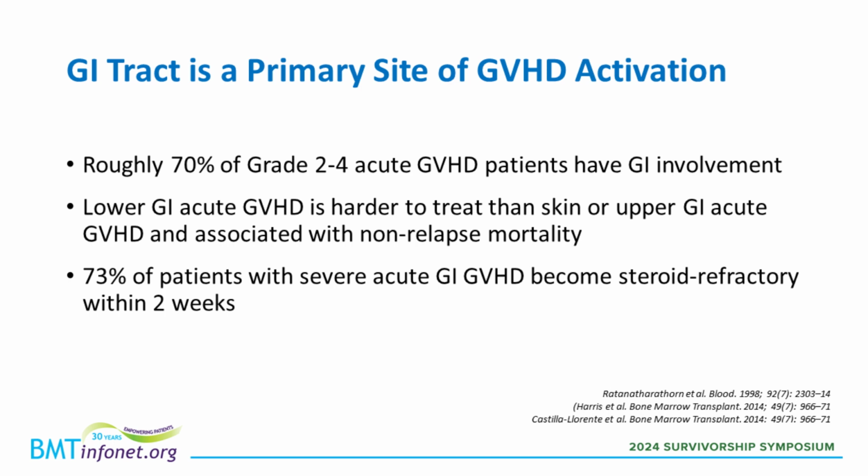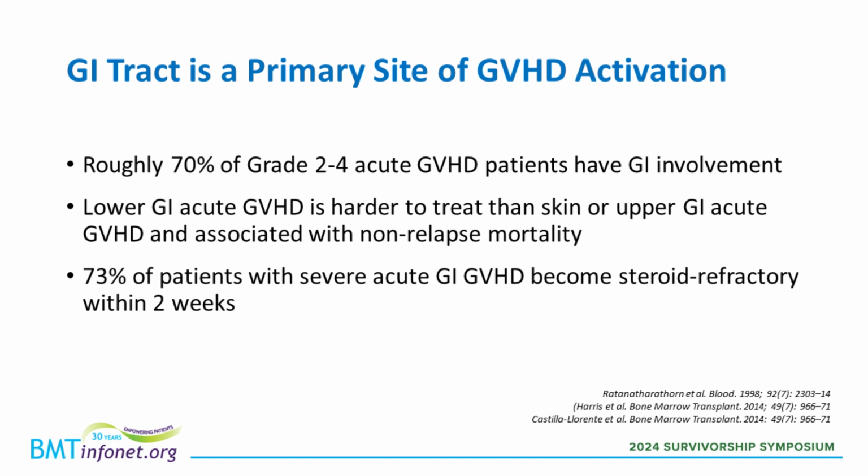You can then see how the GI tract easily becomes the central focus and a commonplace symptom of one of the first symptoms of GVHD. So roughly 70% of patients who have grade 2 to 4 acute GVHD in fact involve the GI tract.